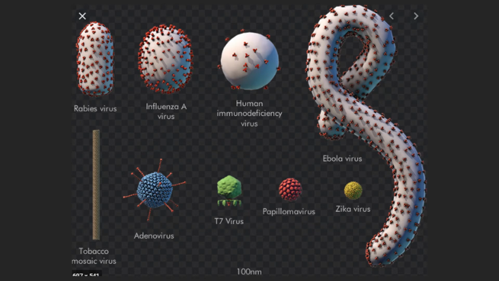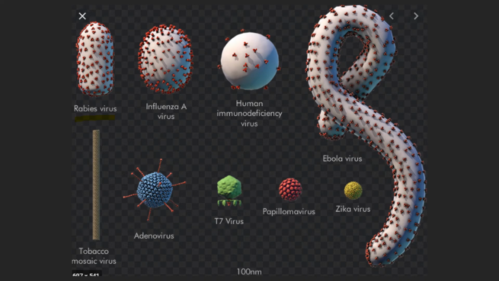All right, this is a pretty cool graphic, just showing the shapes of different viruses. Like for instance, that is the rabies virus. We call it the rhabdovirus. Influenza, HIV, adenovirus.